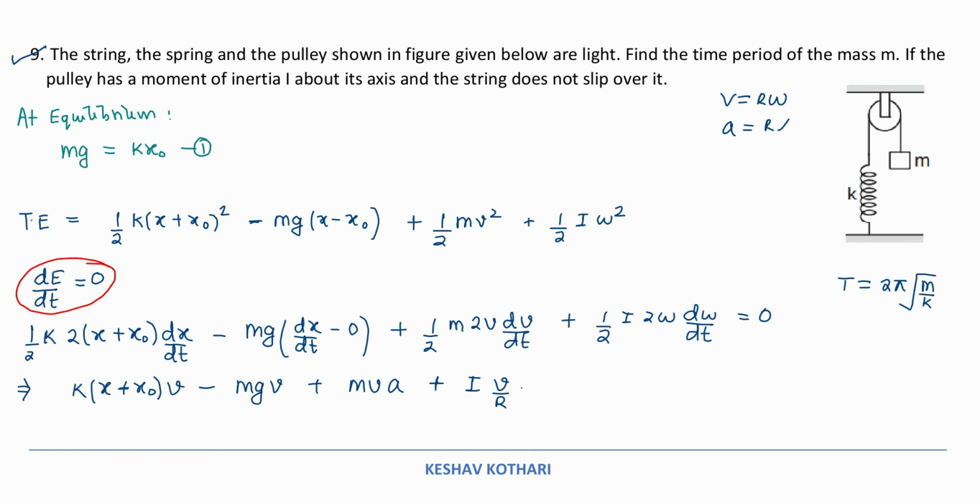So it will become I by r square, and this is equal to 0. So we get an expression like this.